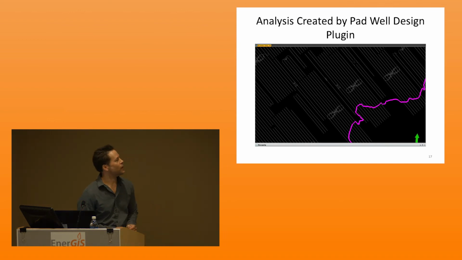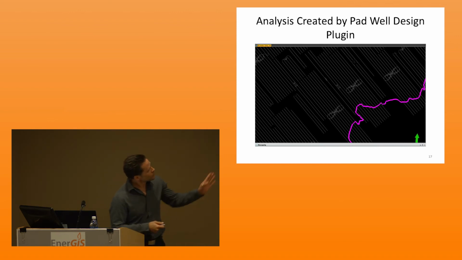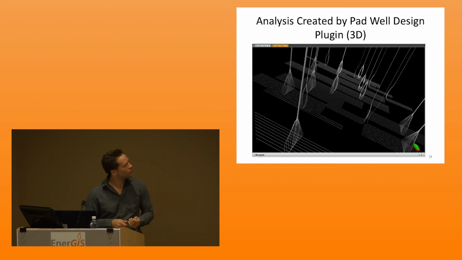So you run that plugin, and this is the output from the Pad Well Design plugin, and it has drawn the actual trajectories of the wells based on all those parameters. You're looking at it from the surface, obviously, but it also then does it in 3D.